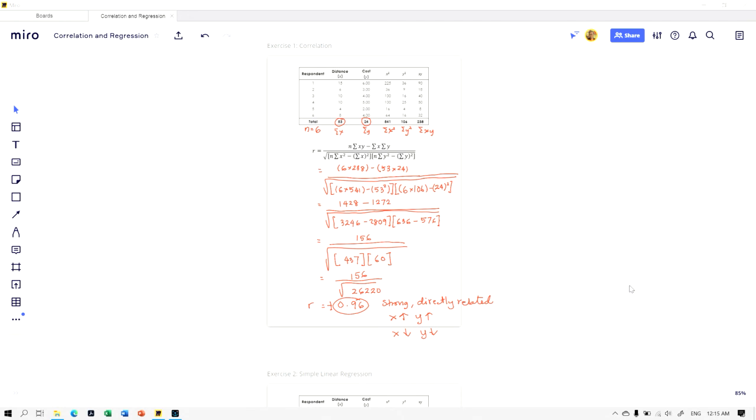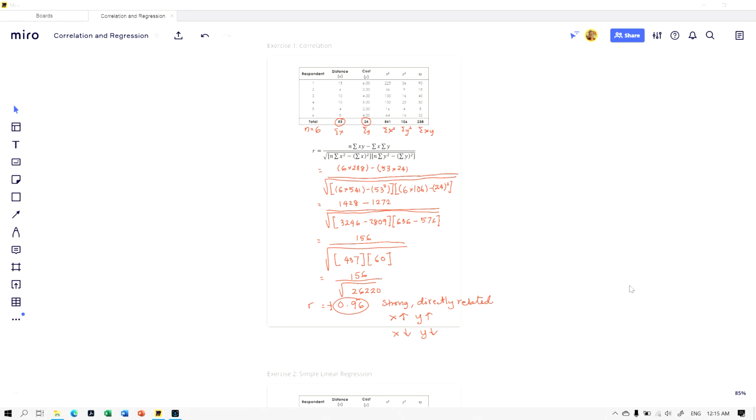And r has two pieces of information: the direction of the relationship, which is given by the sign of the correlation coefficient, either positive or negative, and the magnitude, which is given by the number in the correlation coefficient.